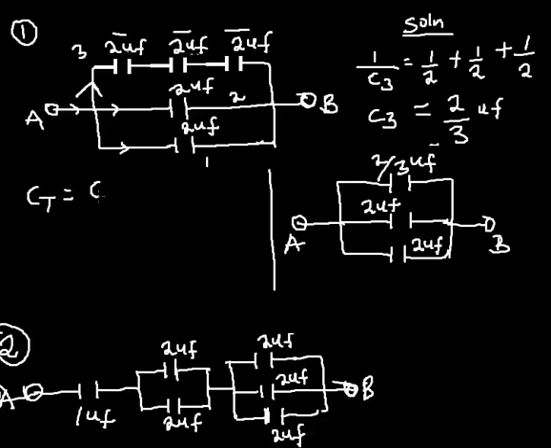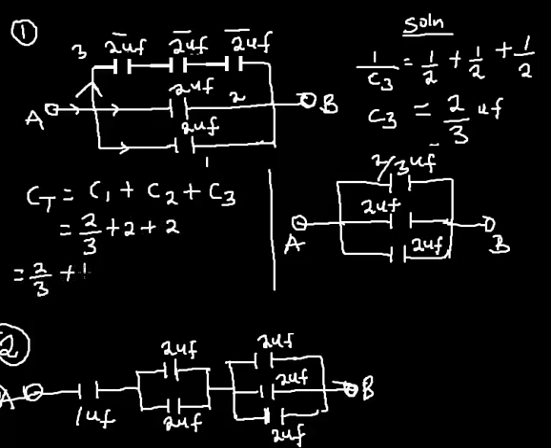C total is C1 plus C2 plus C3, which is 2 over 3 plus 2 plus 2, which is 2 over 3 plus 4.